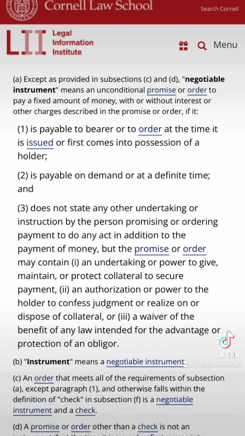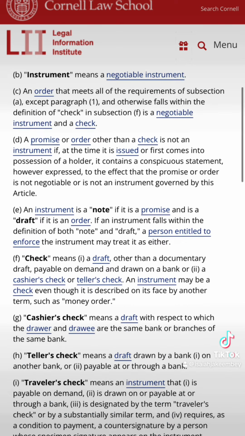So a negotiable instrument is just an instrument that's an order or a promise to pay that's unconditional, right? And it has to be either payable to the bearer or payable to the order at the time when it's issued.